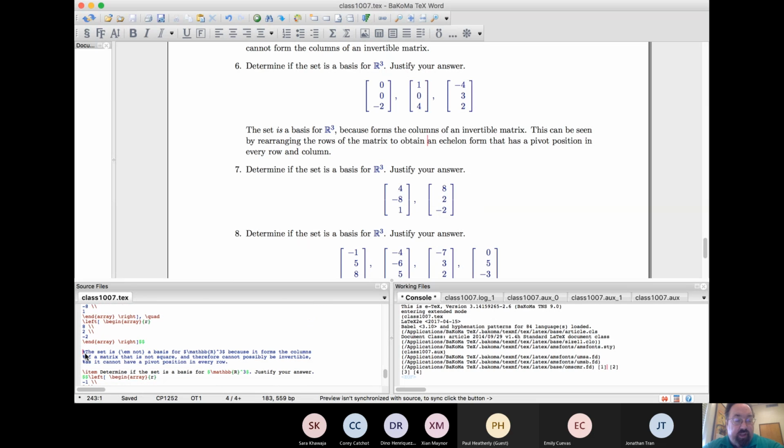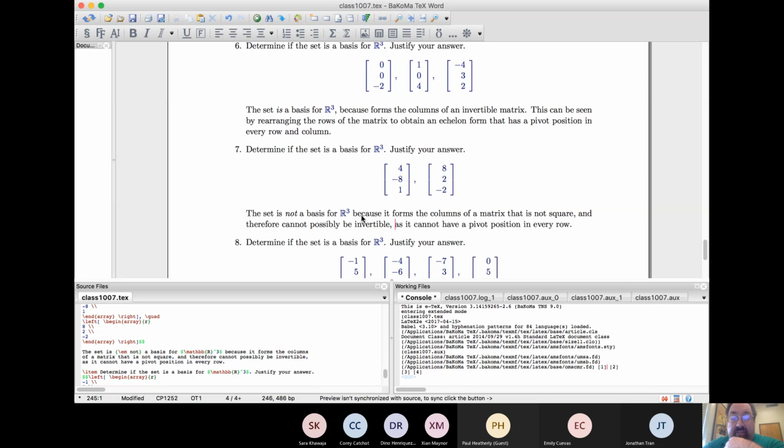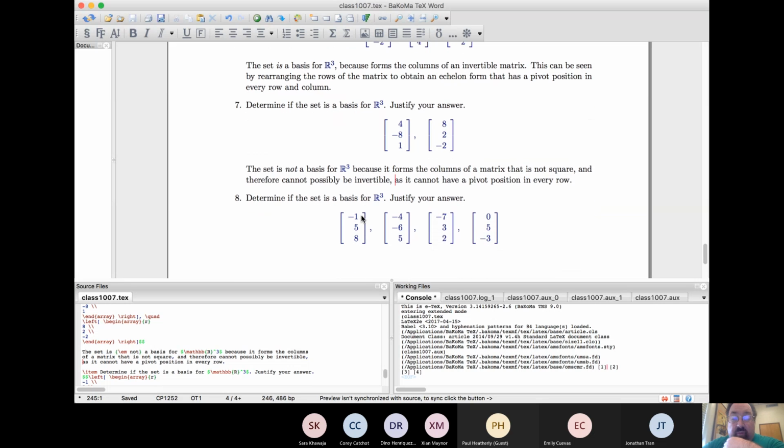So that's one way to quickly rule out a set of vectors being a basis, if it simply has the wrong number of elements. Here we do not have enough, whereas in this last one, there are too many. These vectors, in all likelihood, span the space R3.